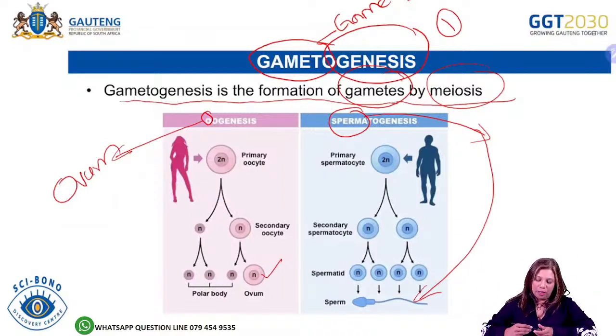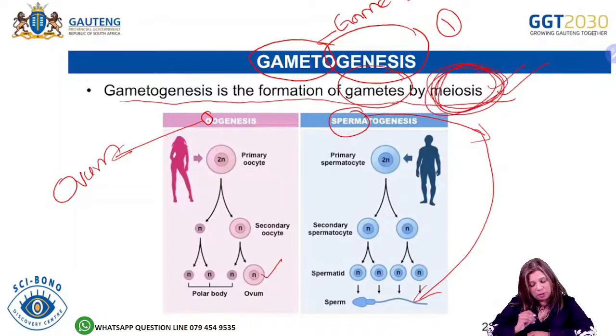We know that gametogenesis is the formation of gametes by meiosis. I think the term meiosis is very important, because remember how we remember it: meiosis, the S for sexual reproduction. Meiosis has to occur because meiosis is a reduction division, a halving process.